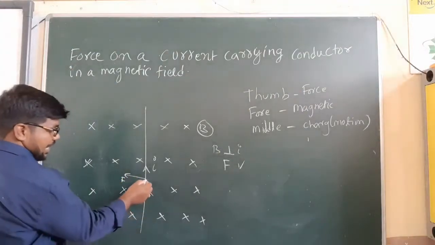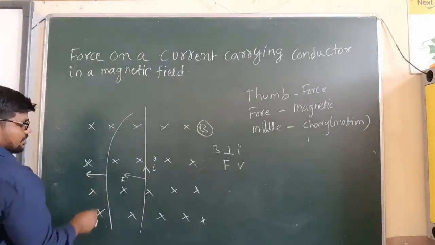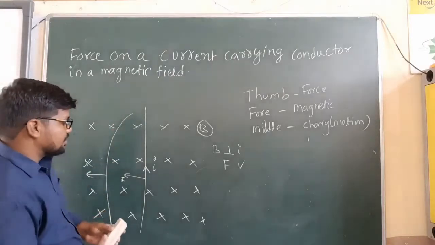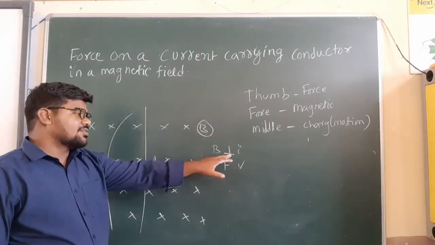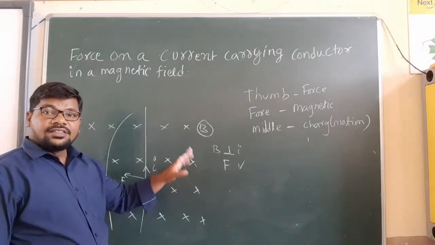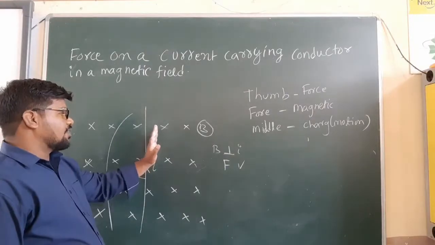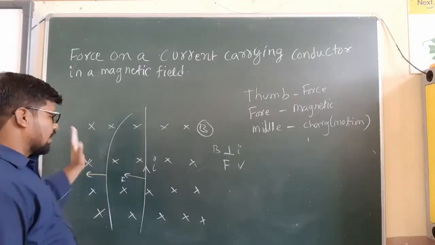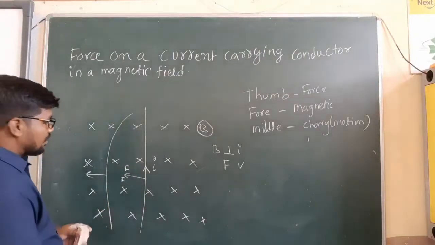So when the force is acting, the wire moves like this. The force developed because of the magnetic field and current perpendicular to each other is required to move the conductor from inside the magnetic field to outside. Here the force is acting. Clear?